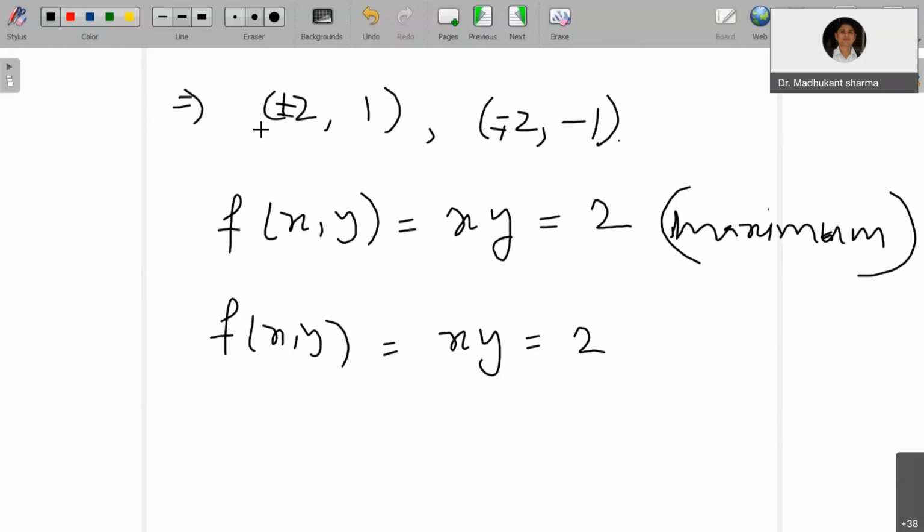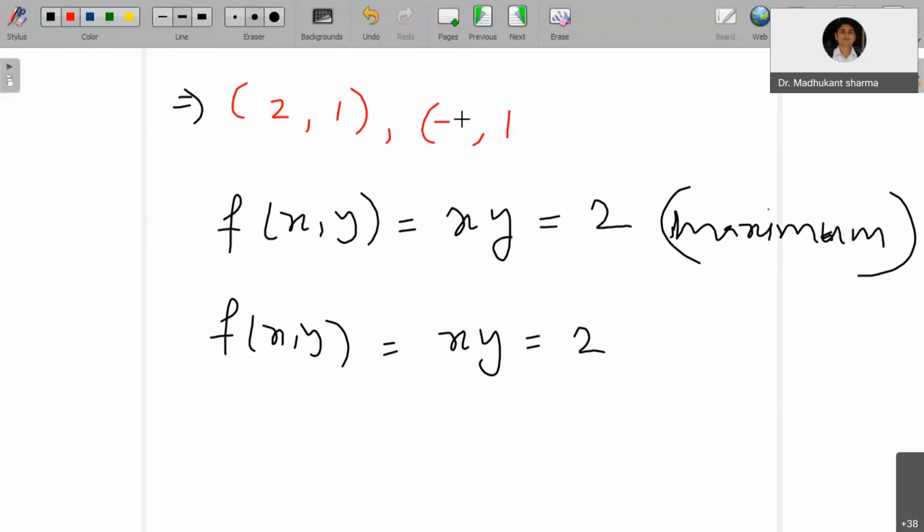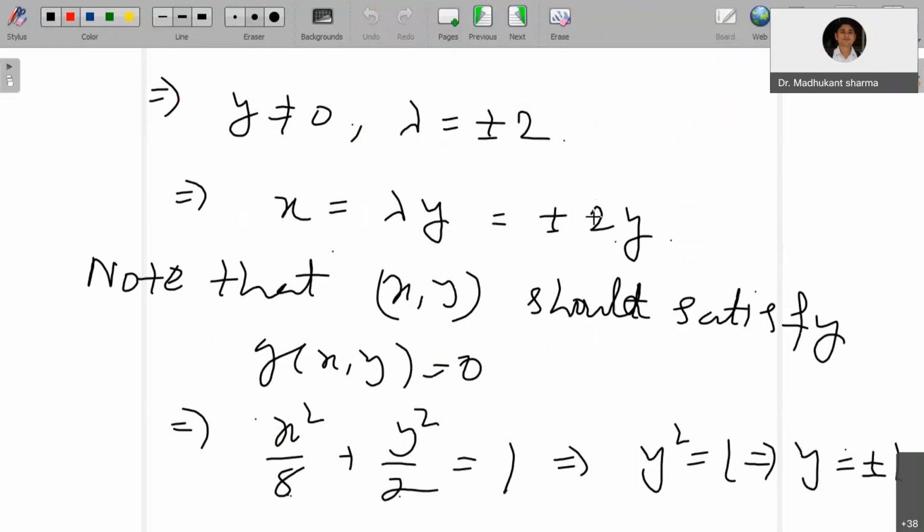So you have these 4 points. I'm just writing all the points here. For y equals 1, x equals 2 and x is also minus 2. For y equals minus 1, if you multiply by minus, it's going to be minus plus.